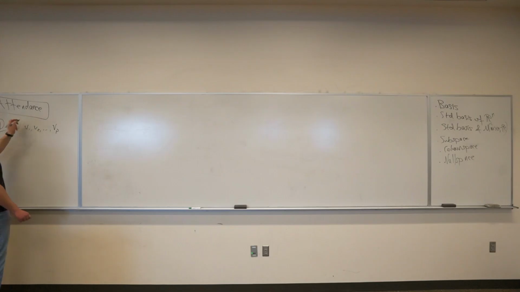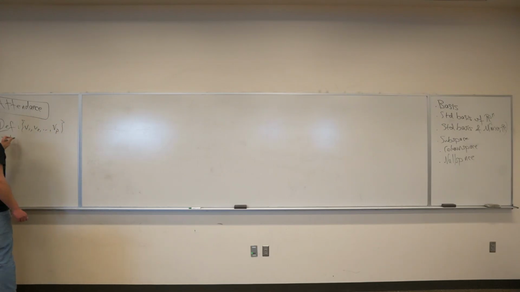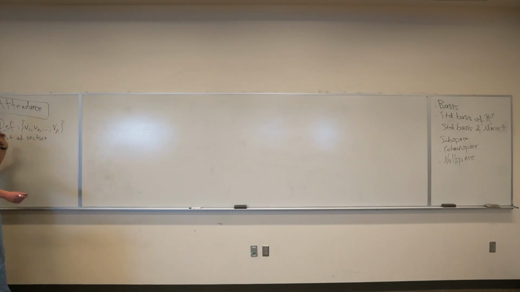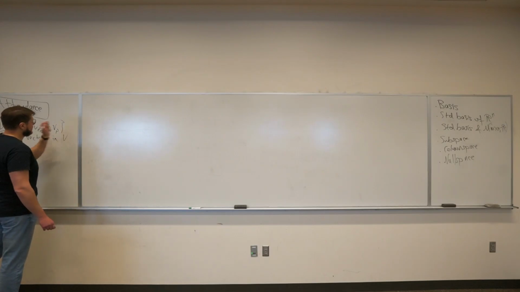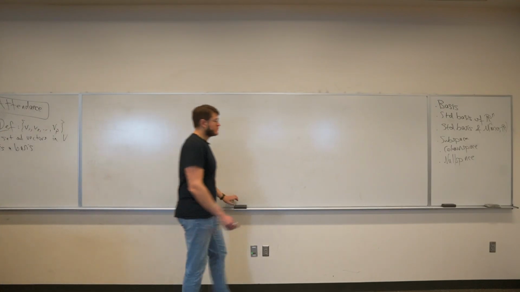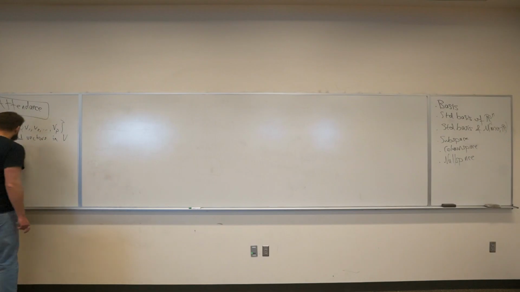Let's use the set notation. So I have a set of vectors in the same vector space, let's say capital V. I'm going to call it a basis. Or maybe I should say unordered basis, because there's also ordered bases.